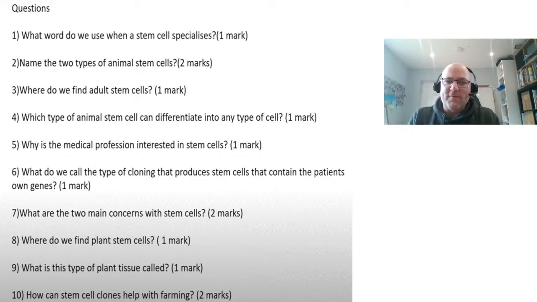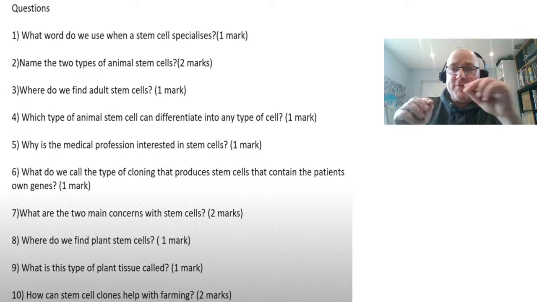What do we call the type of cloning that produces stem cells that contain the patient's own genes? So, have you heard of therapeutic cloning? You should know something called this, therapeutic cloning.